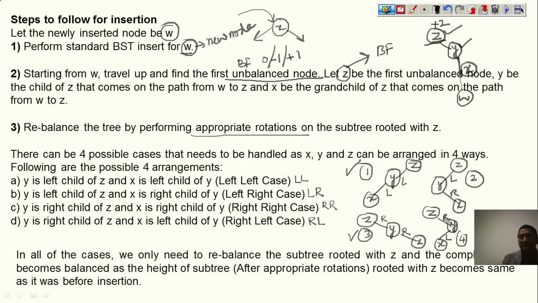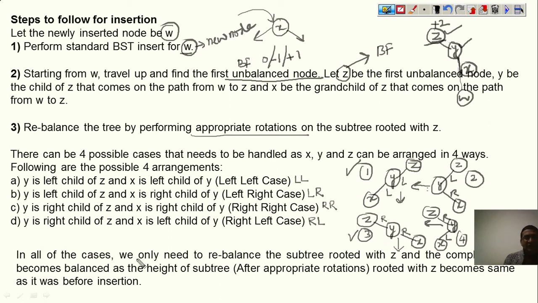In the first rotation we convert to the LL case. So if the left right case is applicable, you do one rotation, which changes it to the left left case, and then you do one more rotation to make it balanced. Similarly, with the right left case, when you do a rotation, it moves to the right right case, and then again you do one more rotation to make it balanced.